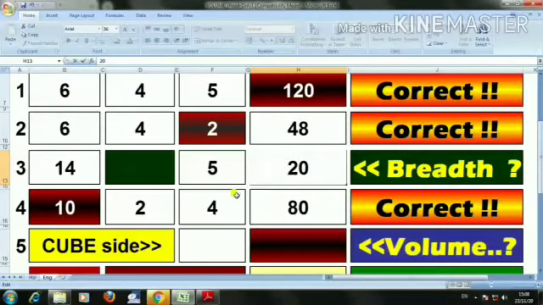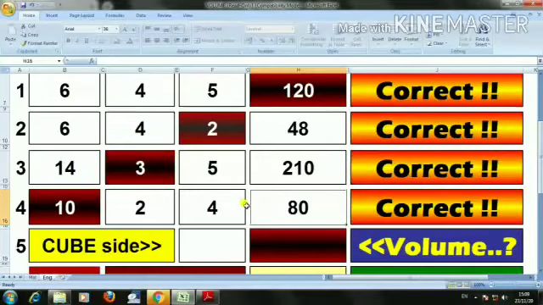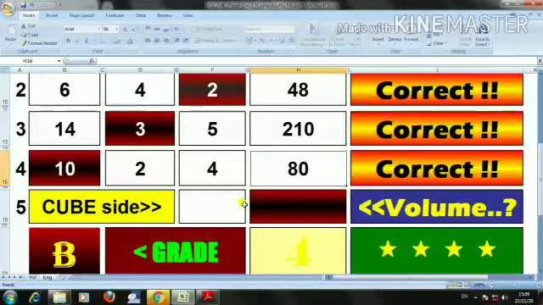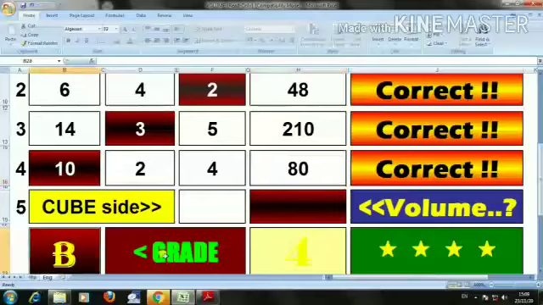Then we are asked to find out breadth. See, 210 divided by 14 into 5. 14 into 5 is 70. 210 divided by 70 is equal to 3. So we enter here 3. You see, now we have completed 4 questions. We have got B grade, 4 stars here, 4 marks here.